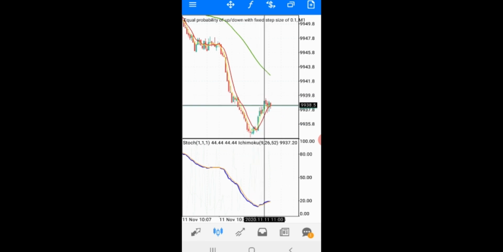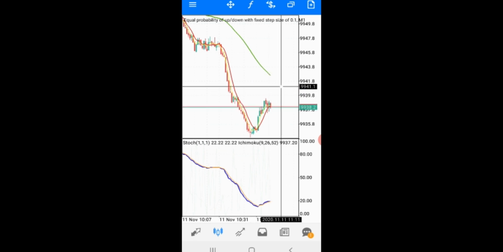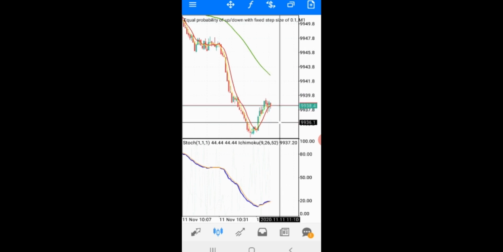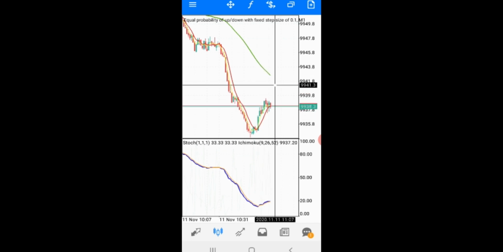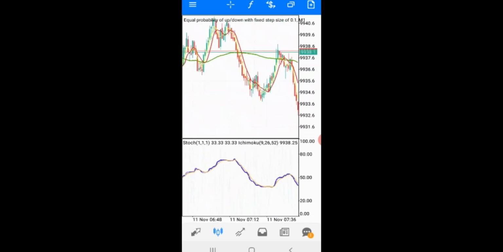You don't know if it will reverse back, because it might cross this red moving average, might cross this green one, and then an uptrend will start, or it might just consolidate and come down continuously till it gets to the overbought level, the oversold level. So let's trade with care and not with greed.